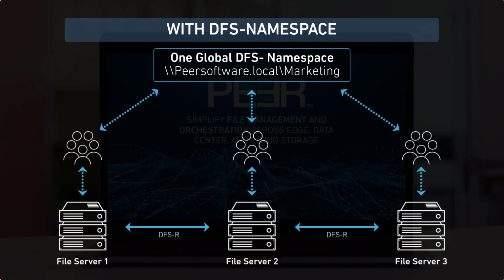There are, however, some limitations with DFS Replication, which is why so many of our customers find Peer Software when looking for a replacement to DFS-R or a way of removing these limitations for a truly enterprise-ready DFS namespace solution. One of the main limitations is the lack of distributed file locking, which is something that our PeerGFS software is very good at.